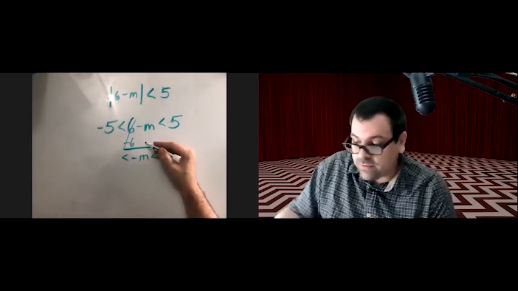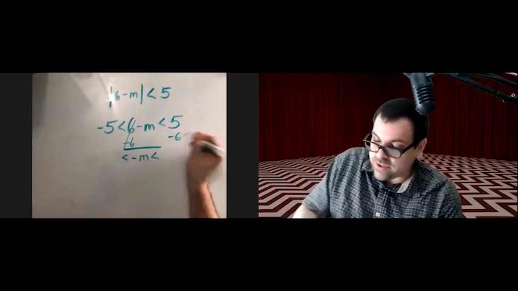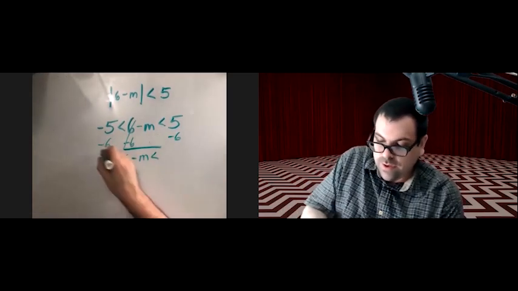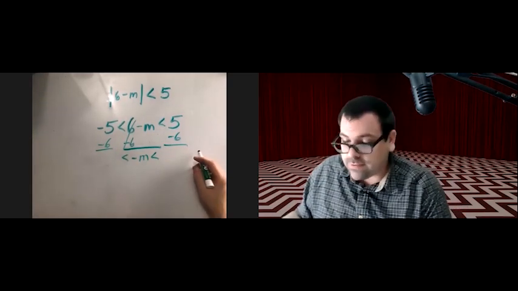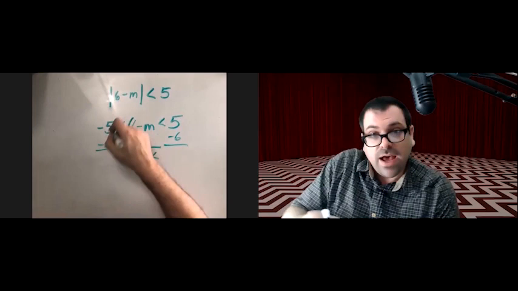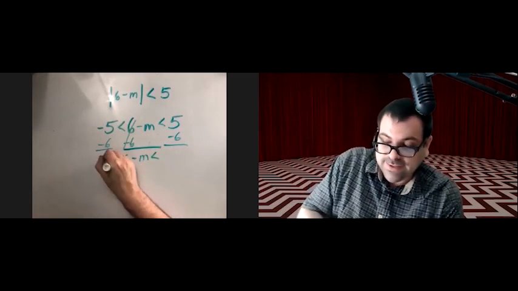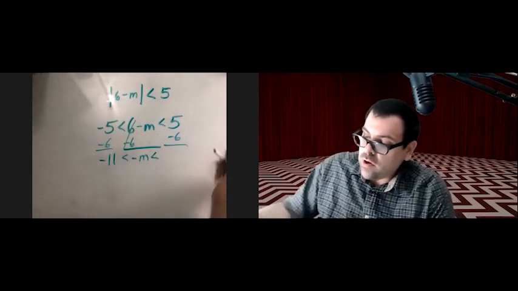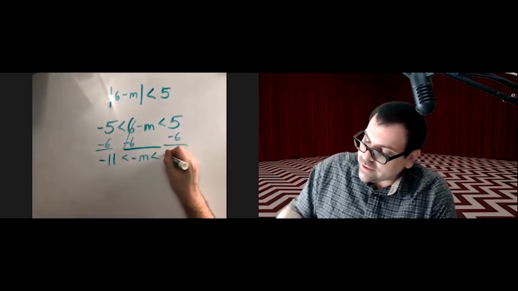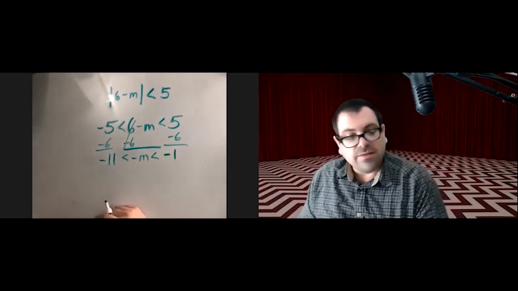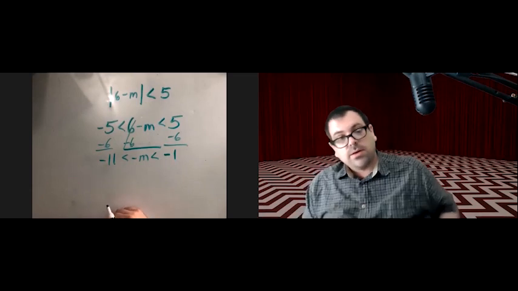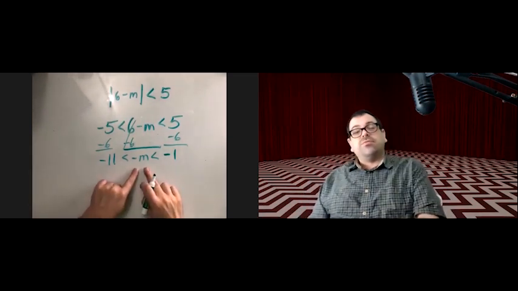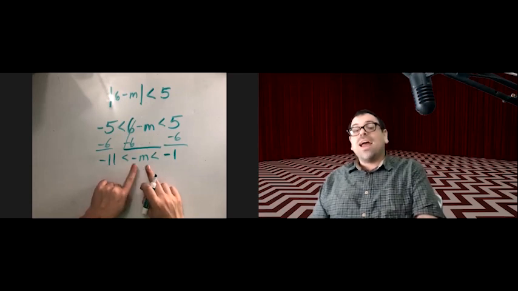Whatever we do in the middle, the minusing of 6, we must do on all sides. Negative 5 minus 6 is negative 11. 5 minus 6 is negative 1. We don't want to solve for minus m, though. We want to solve for m.